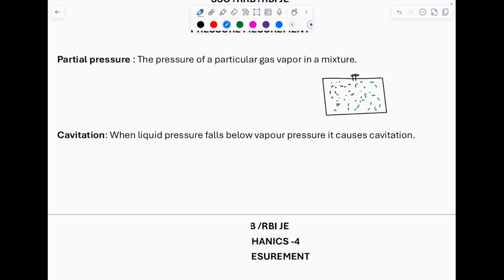There can be liquid also with different colors. Just for the clarity sake, I am showing only gases here. These are different gases with different colors, some in red, some in green. Then, the pressure of a particular gas or vapor in a mixture. It is a gas mixture.